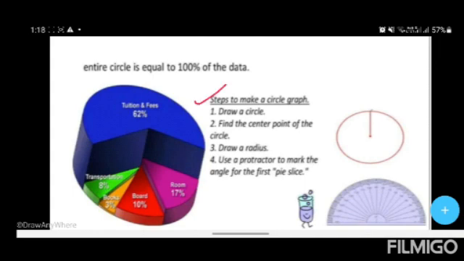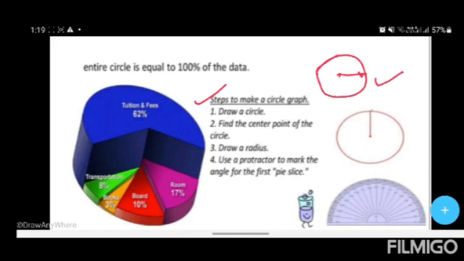For making a pie chart, we have to understand different steps. First we have to draw a circle, then find the center point, then draw a radius, and with the help of this radius we can start using a protractor and marking the angle for the first pie slice.